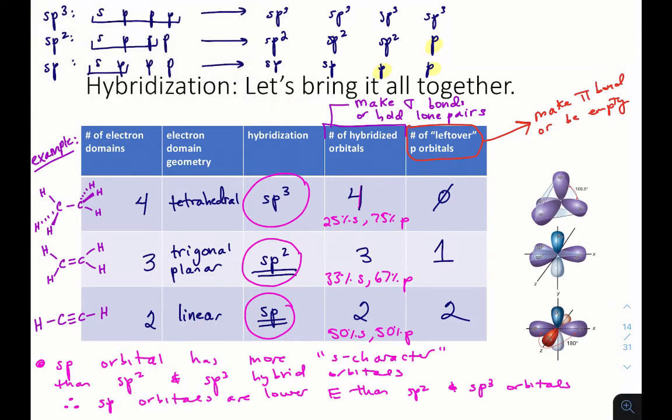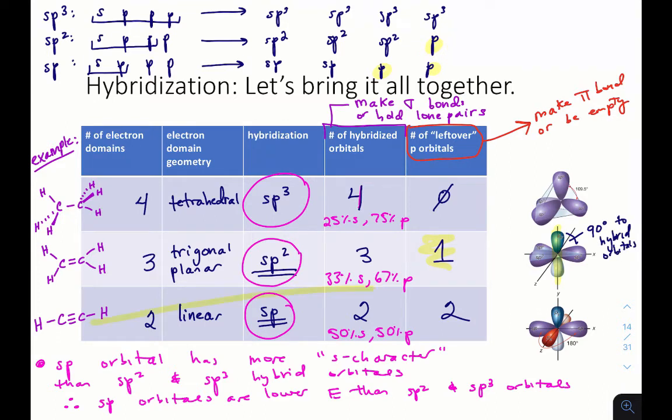And then what else do we see? Well, we see this leftover p orbital right there, and it's in a plane perpendicular to the hybrid orbitals. Let's go ahead and write that down. So the leftover p orbital is at a 90-degree angle to the hybrid orbitals.